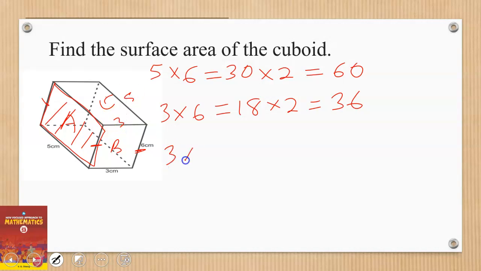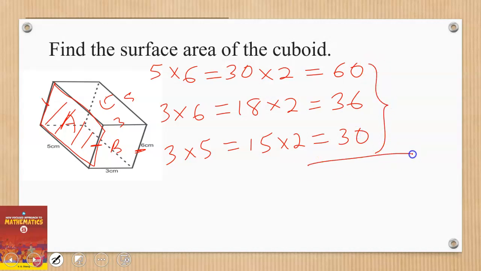So 3 times 5 will give us 15, times 2 will give us 30. Now when we add them together, we get 126 centimeters squared as the answer.